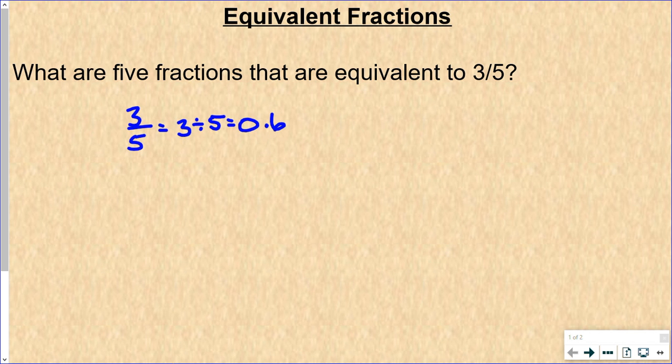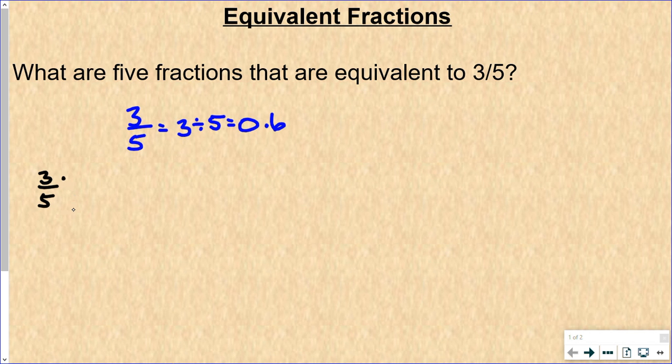All right, and this is really easy. You can make equivalent fractions by just multiplying the numerator and the denominator by the same number.